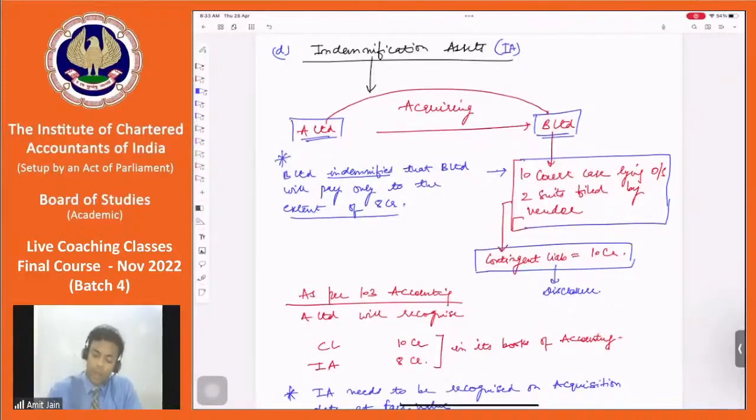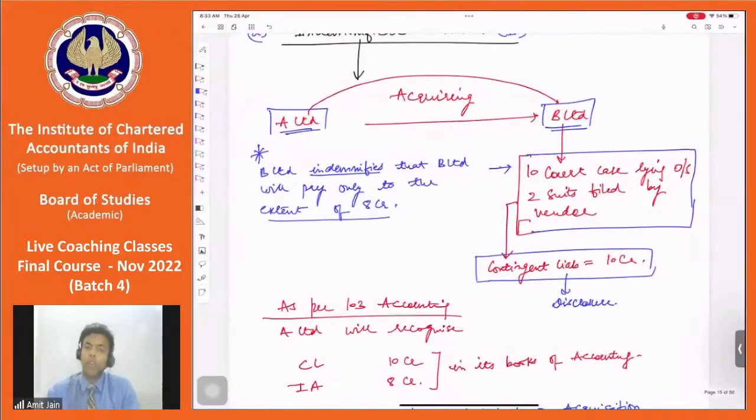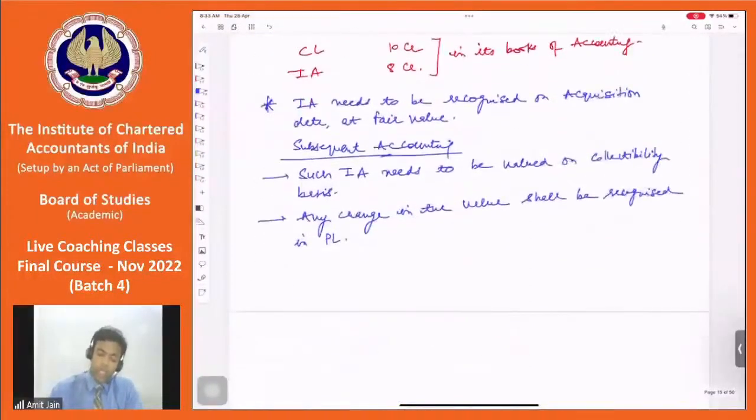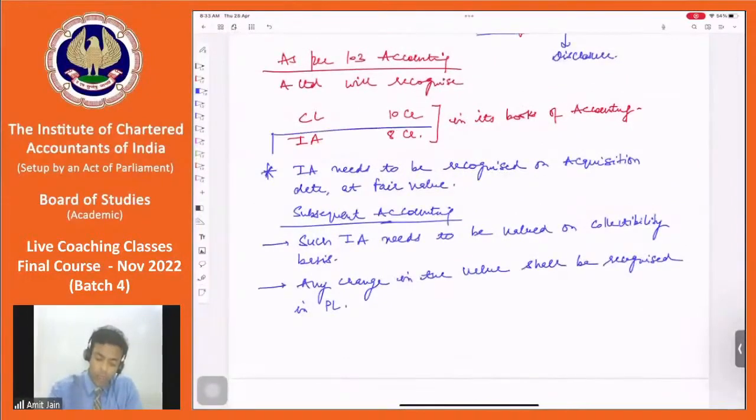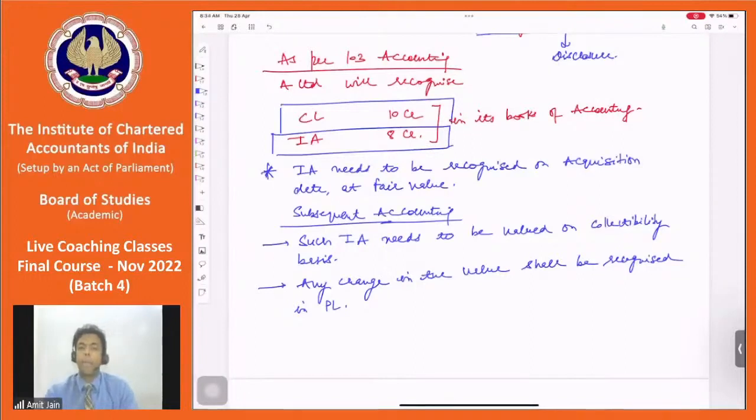So B is indemnifying that I will be able to give you to the extent of 8 crore rupees, 10 crore rupees, 12 crore rupees. So this indemnification asset needs to be recognized along with the contingent liability. Right? These numbers can be same, these numbers can be different. Correct, guys?